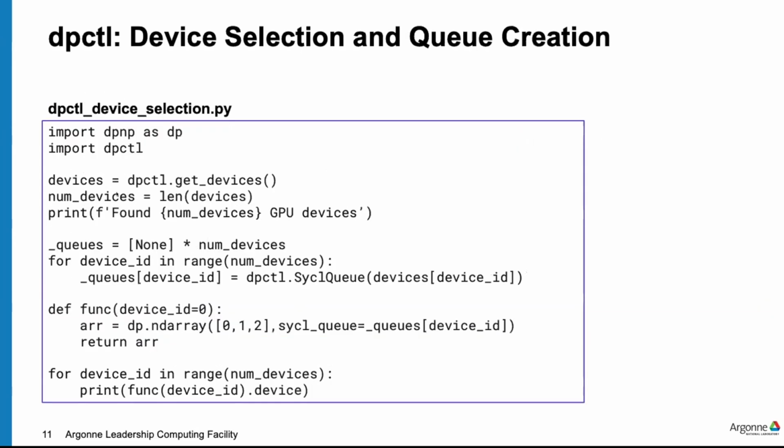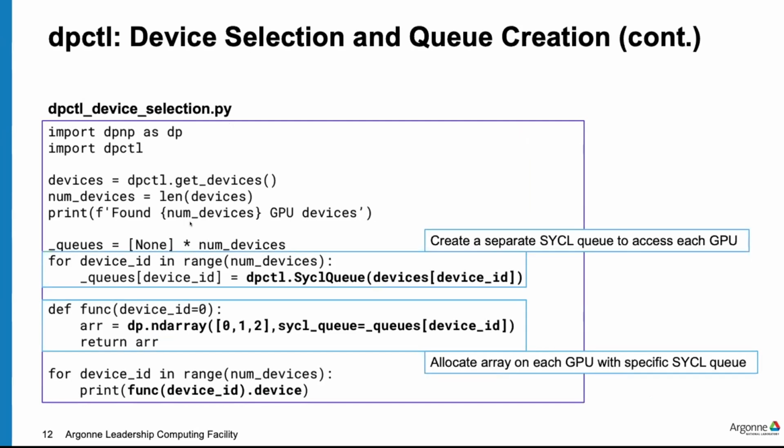Once you know that they're visible, the next thing you can do, in this other code snippet, is create queues for each particular device. So for example, in this case, we're using a combination of DPNP and dpctl to first get a list of devices. And then what we're doing in this first highlighted box is creating a SYCL queue for each of the devices specifically, and then storing them in a list called _queues.